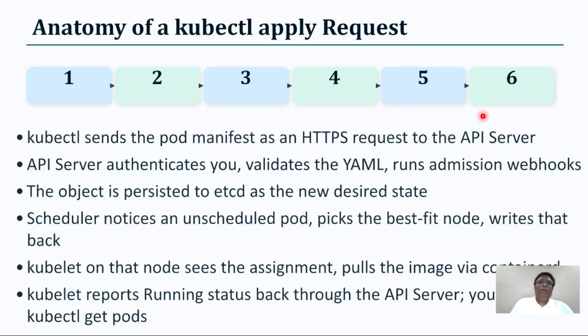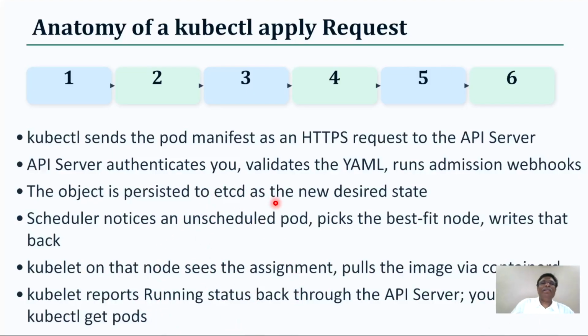So this is a very brief look at how kubectl is going to apply a request. So kubectl sends the pod manifest as an HTTPS request to the API server. API server will authenticate us, validate the YAML, run the admission webhooks. The object is persisted to etcd as the new desired state. Scheduler notices an unscheduled pod, picks the best fit node, writes that back. Kubelet on that node sees the assignment, pulls the image, and kubelet reports running status back.